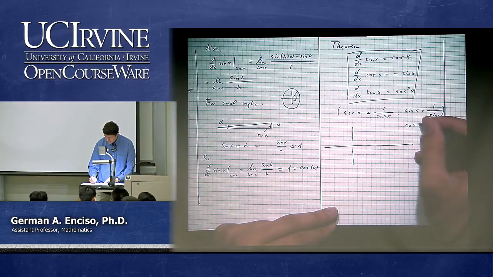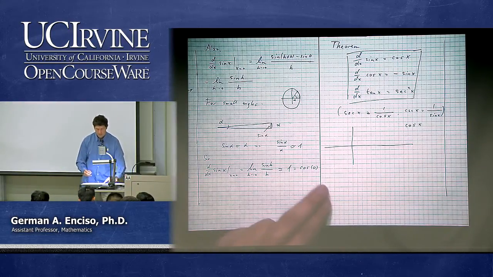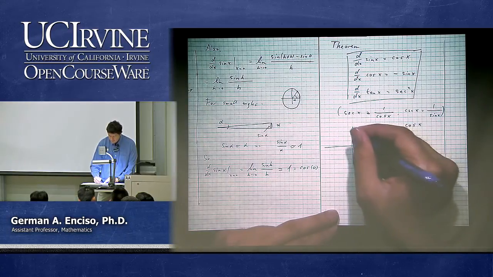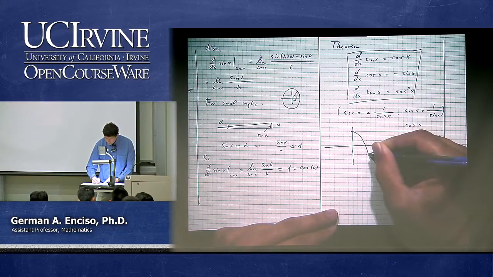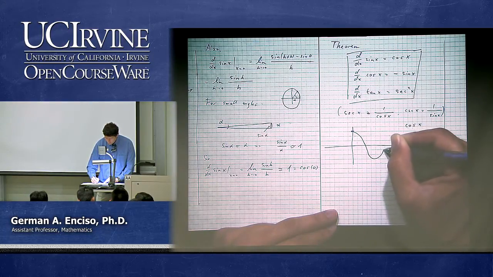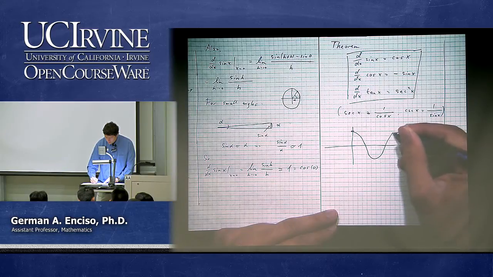So let's draw the cosine function. The cosine function starts having value 1. It goes down to 0. And to minus 1, and then it goes up once more.